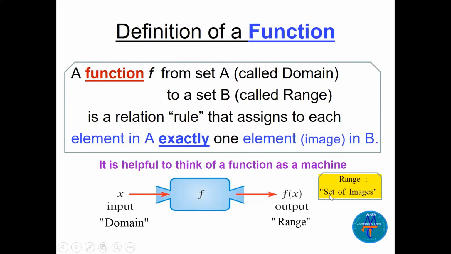So the set of images here in the yellow, that's the range. Now it looks simple, and it is simple, but you have to understand the word function, the definition, the domain of a function, the range of a function, the image, input, output. And we will see many, many examples.